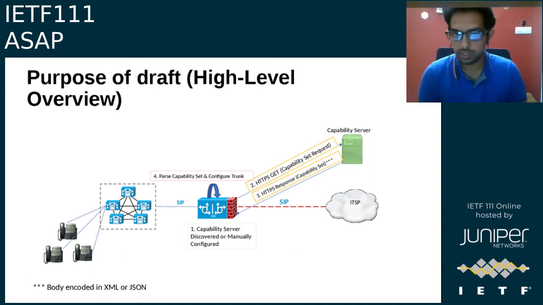It uses HTTPS as the framework in order to get, challenge, and receive the document from the service provider. Once the document is received by the SBC, it can parse it, and this can be an automated process. It can parse it and configure itself, or an administrator can manually parse that document, configure the SBC, and get calls working. Next slide, please.